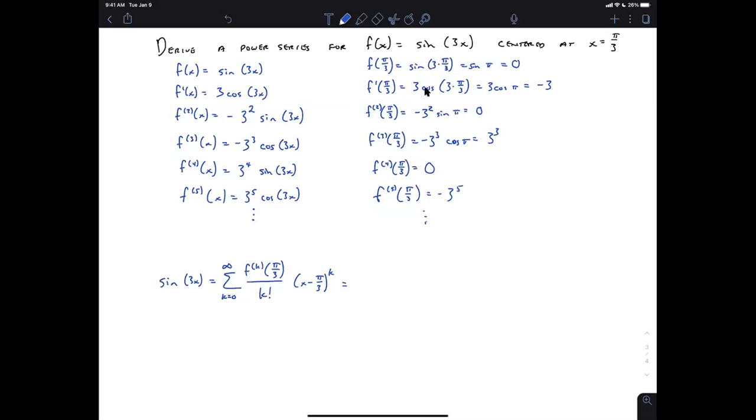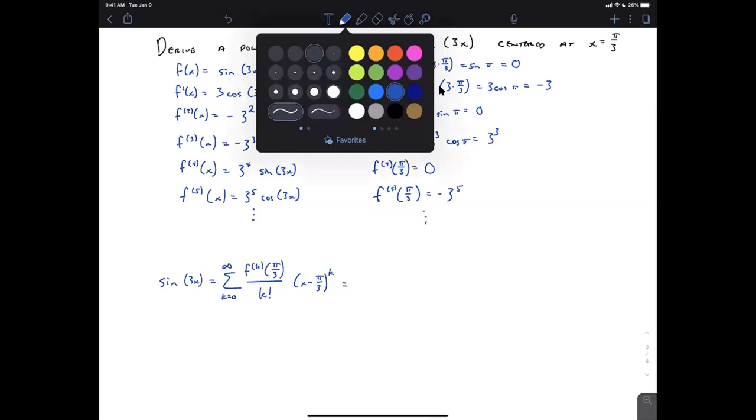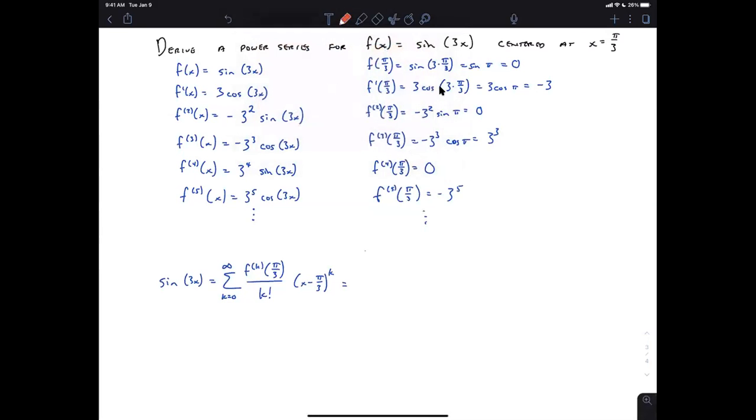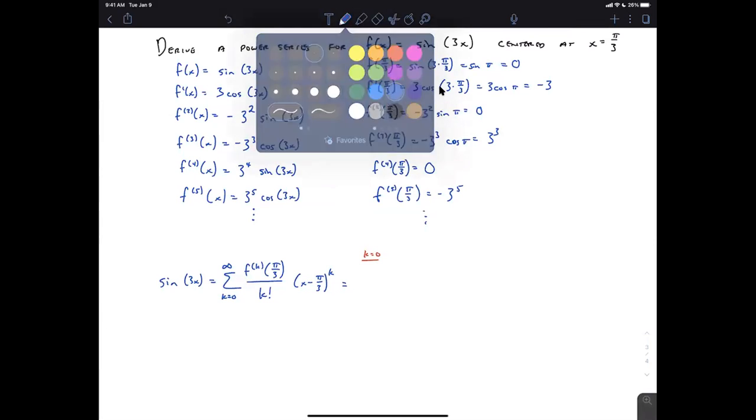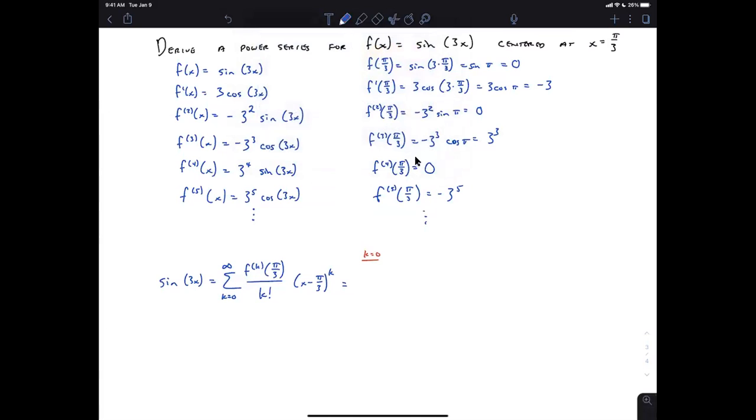Okay, so we're going to write out the expansion. So now we're going to plug in k equals 0. If I plug in k equals 0, that's f0 of pi over 3. That's what I get off the list. Well, that's 0. So that zeroes out the entire term. It'd be 0 over 0 factorial times x minus pi over 3 to the 0. That zeroes out the whole thing. Now we go to k equals 1.